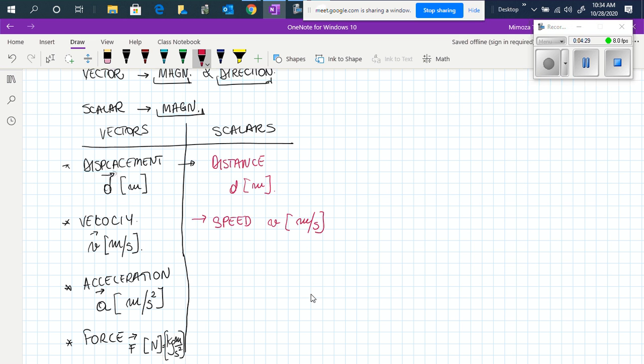Acceleration doesn't have a corresponding scalar quantity. However, another scalar quantity that we will use a lot is time with the letter t, and the international system unit for time is seconds.